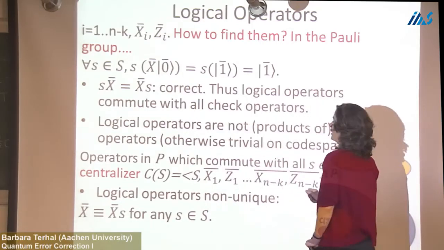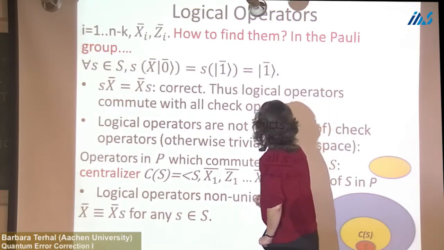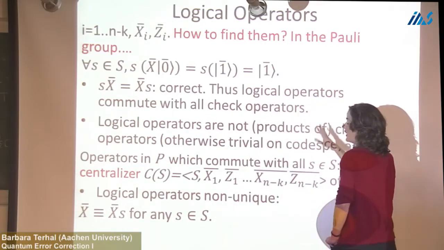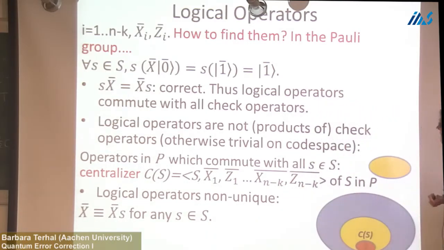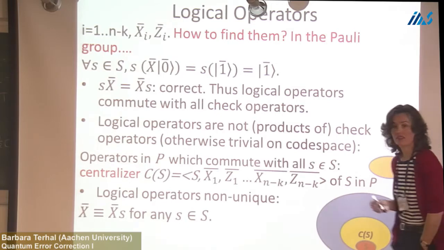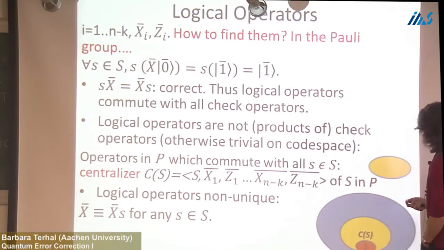Notice that if they anti-commute, I cannot satisfy this relation, because I get a minus sign. So we need the logical operators to commute with all the check operators. But of course, they cannot be in this group S. Why not? Because the elements in the group S have trivial action on the code space.